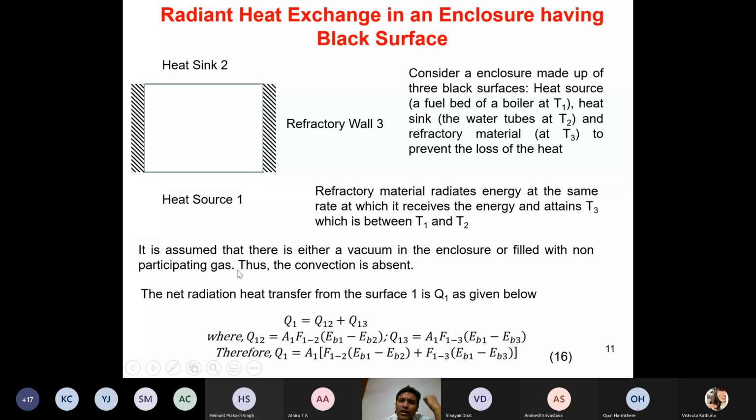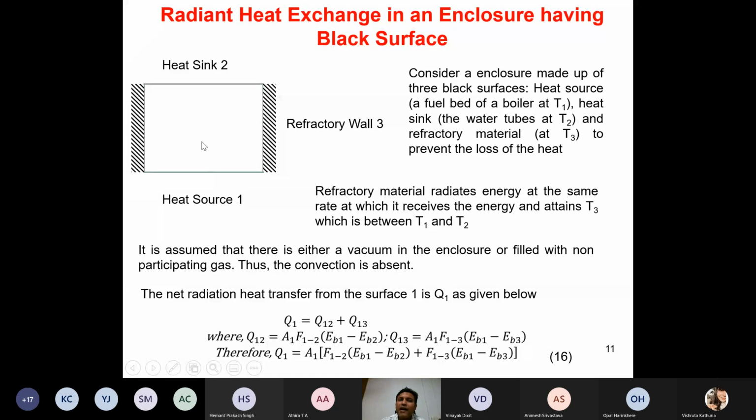Since we are looking at the total rate of radiation, and EB1 is per meter square, we have to multiply by the area, so the area A1, the area of surface 1, is multiplied.